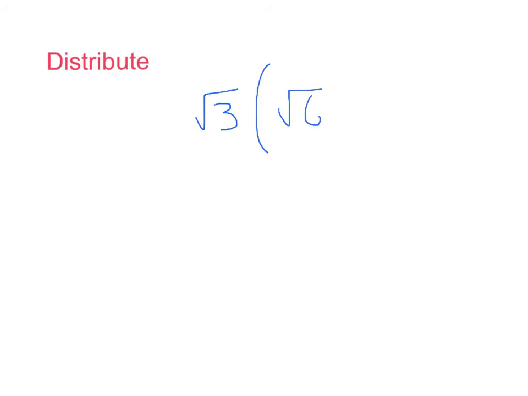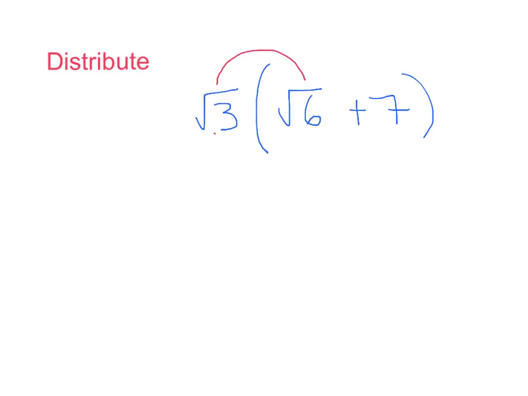And the last part of this lesson is we are going to use the distributive property with radicals. So the square root of 3 times the binomial the square root of 6 plus 7. So we just simply have to distribute the square root of 6 times the square root of 3.